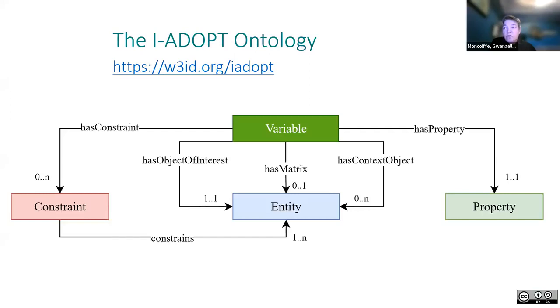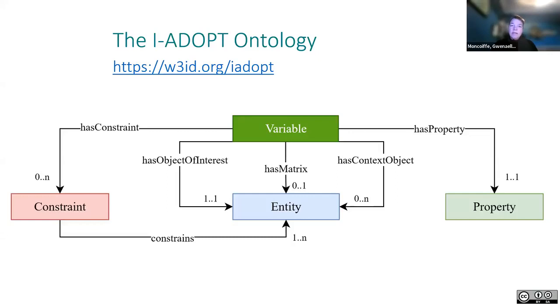For those of you who are familiar with CF standard names, for example, you will be well aware that a variable is rarely just a property and an object of interest, but it also has some constraint with regards to the way the measurement might have been derived. So this is to give us some flexibility.